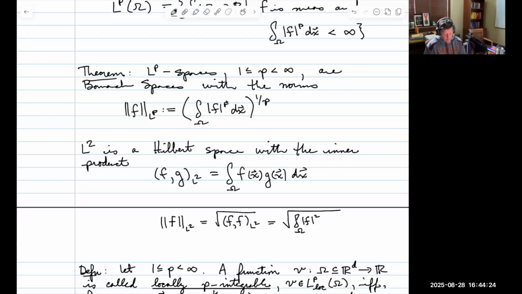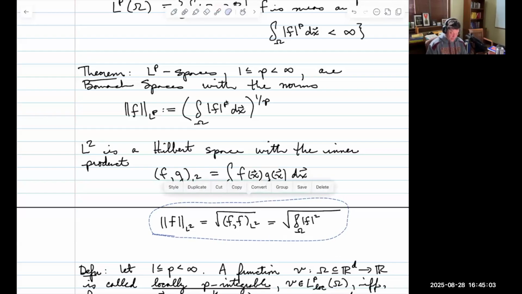Well, it's the same as f squared in this case, and I take f and I test it against itself, and so I'm going to get f squared in the integral, and that's precisely what I need to get in the interior here for this norm. So you can see that it jives with the norm that we've already prescribed for this Banach space, but it has more structure. It has the structure of a Hilbert space because it also has an inner product. Okay, great. So those are the L^p spaces that we need.